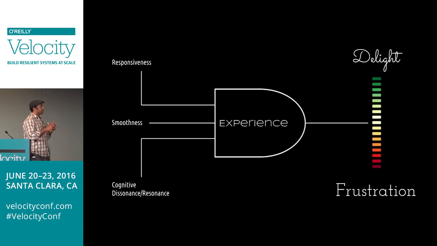So we try to distill this down into three different inputs, really. Responsiveness. When a user performs an action, how fast does your site respond to that? If a user clicks on something, do you react to that click immediately? When the user types a key, does that key show up on screen immediately, or is there lag? When the user scrolls, what happens? The second thing is smoothness.